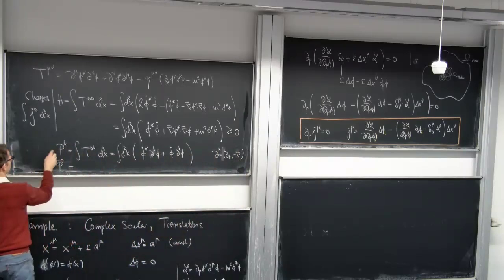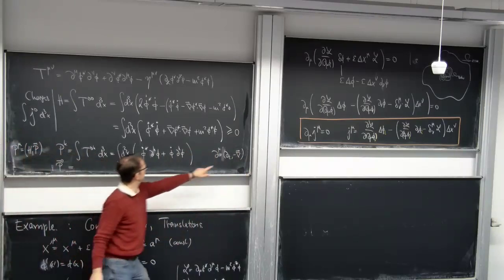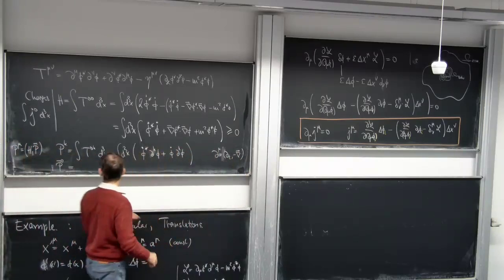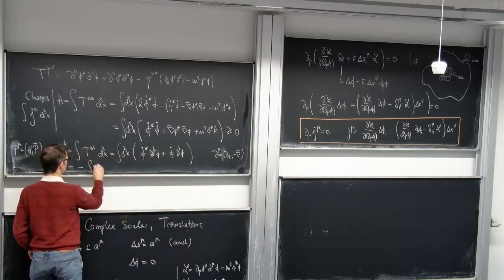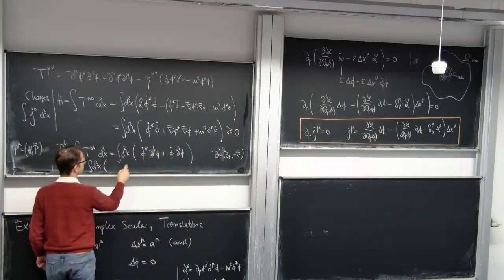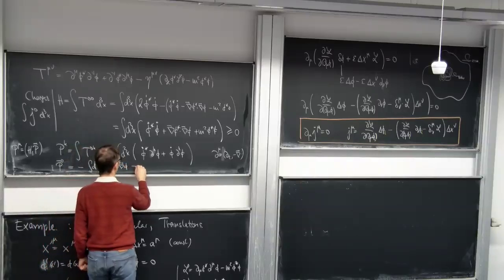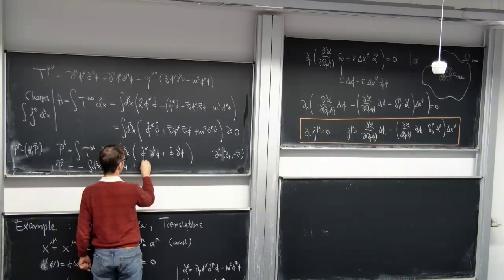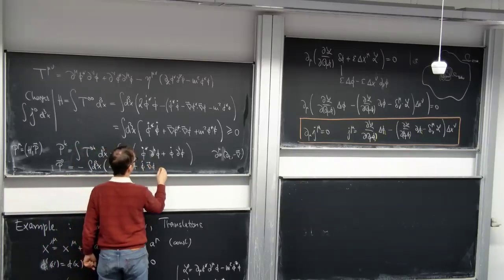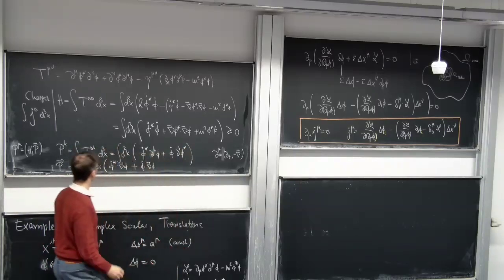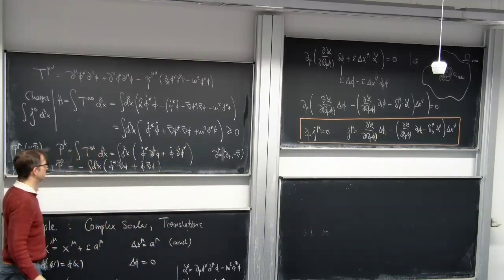This is, well, the p^mu is H and p vector with the upper index, but the derivative has the minus sign, so I get a minus sign. So minus integral d3x phi dot star gradient phi plus phi dot gradient phi star. This is the momentum.